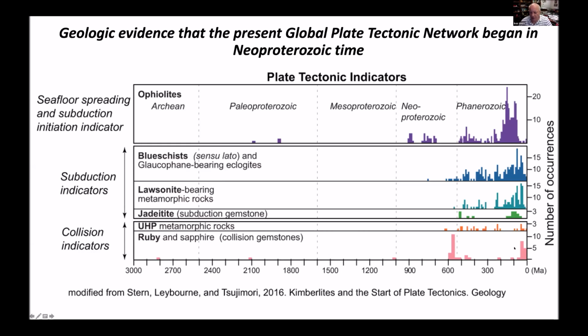With ruby, there are a few that are a little bit older, but by and large they are also limited to younger time. So you can make any one of these go away, but as more and more evidence is collected, it becomes clearer and clearer that the geologic record for Neoproterozoic and younger time is fundamentally different than earlier time, with a possible exception of about 2 billion years ago.